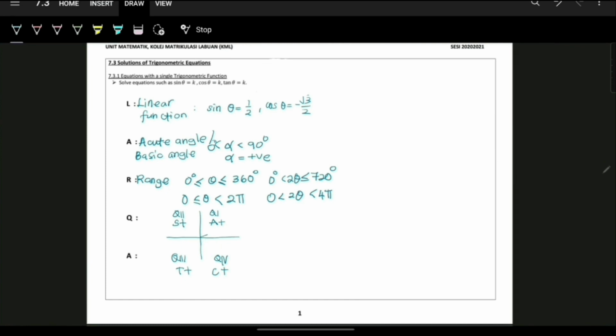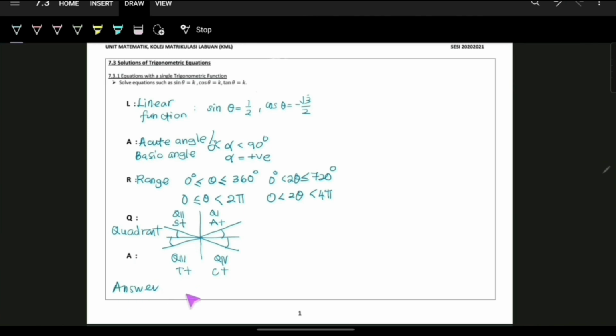Alpha can be in any of these 4 quadrants. So this is for the reference. We need to know which quadrant for Q.